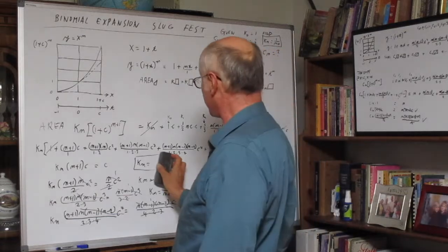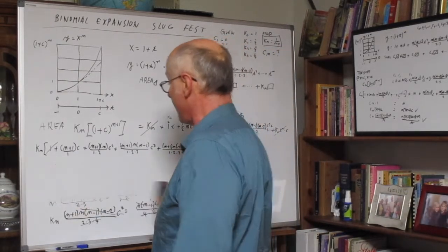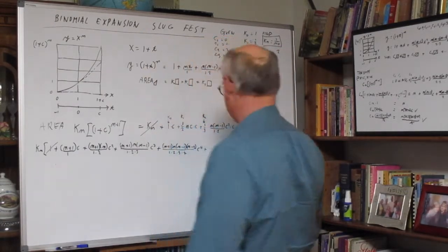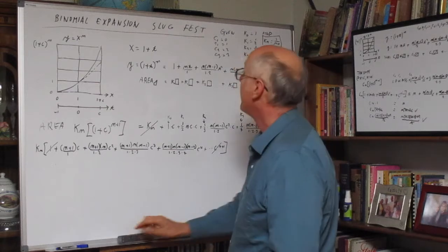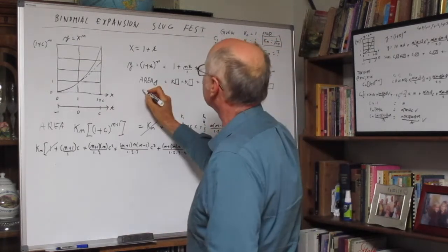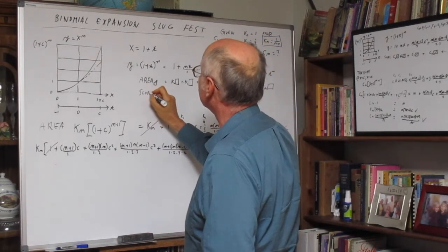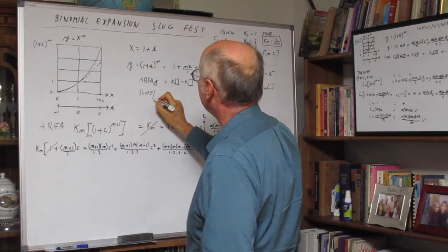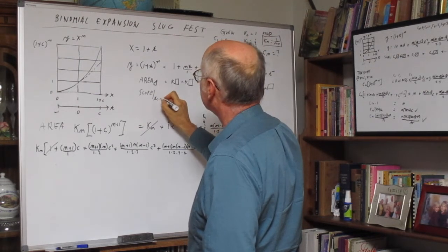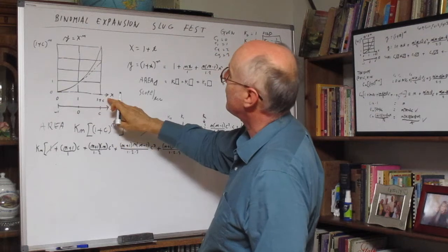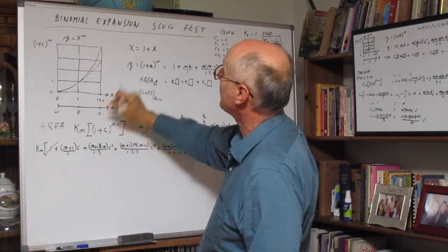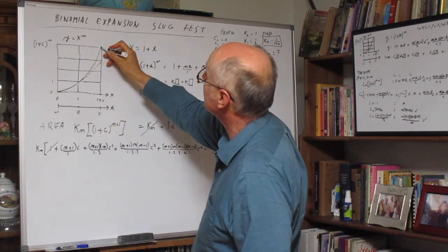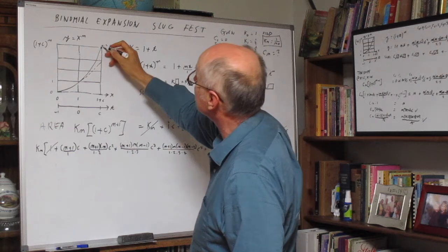Okay, so we'll proceed in a similar way for our slope. This is the tangent slope at t equals c, or x equals 1 plus c. That would be the tangent slope at point Q, let's say.